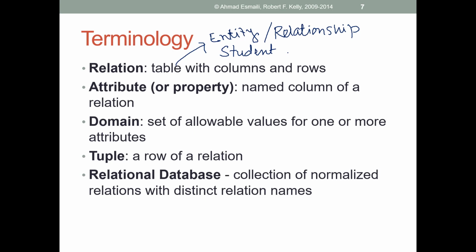I do have a table for students, so I don't want to create that here. So what will happen for this student that you have, you will have some properties. So let me write properties in parentheses. So student will have an ID number, like the way you people have your SPU ID, and the student will have name, and then student will have probably a status, address, sorry about that.